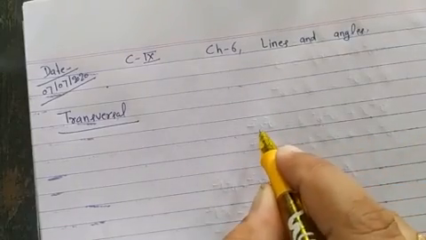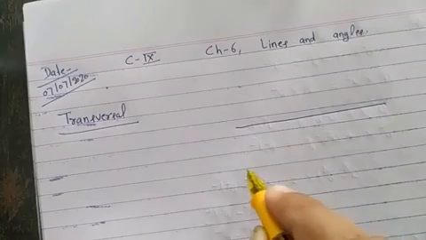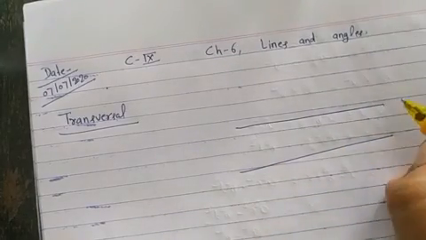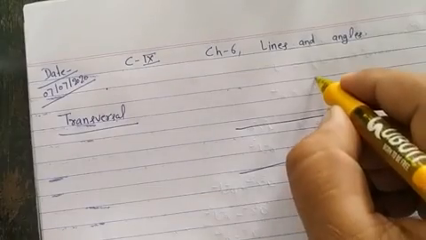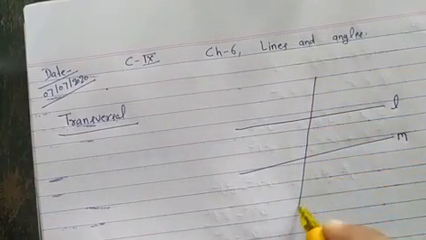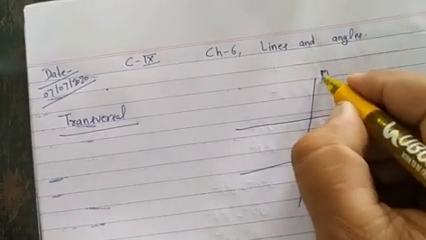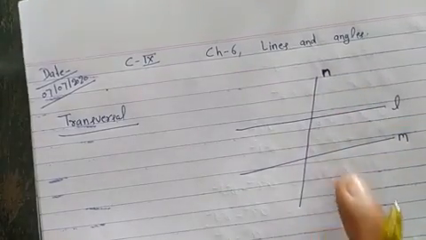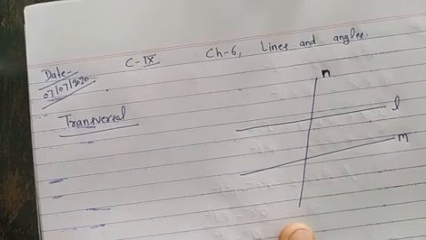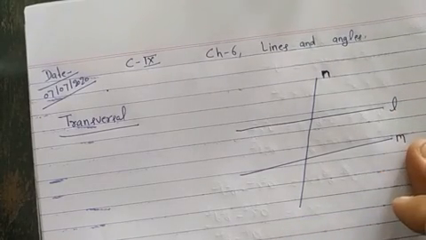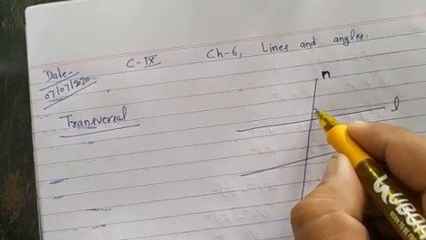If there are two lines, this is line L and this is line M, and any third line intersects these two lines L and M, then this line N is called a transversal, for line L and M. Now, how many angles are forming?